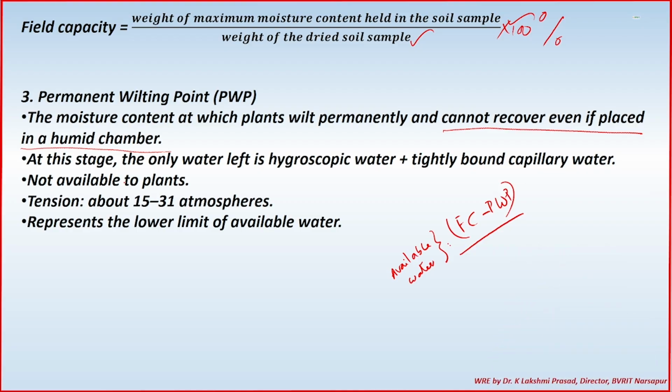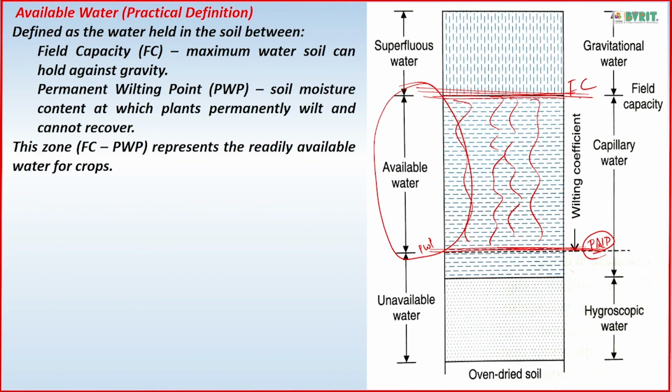At this stage, the only water left is the hygroscopic water and very tightly bound capillary water. If you see the zones, it is not just hygroscopic water; a small quantity of capillary water is also there. So this is hygroscopic water plus tightly bound capillary water.